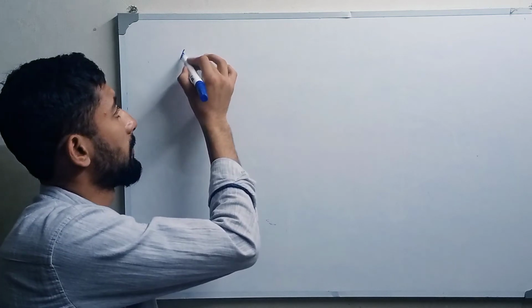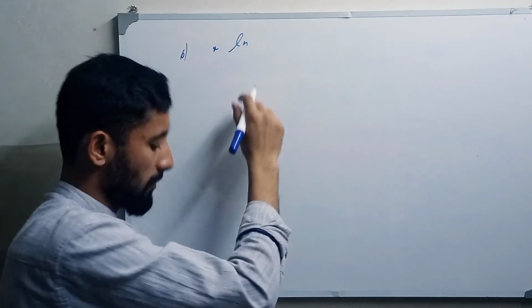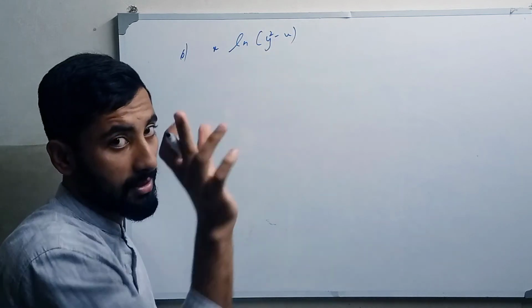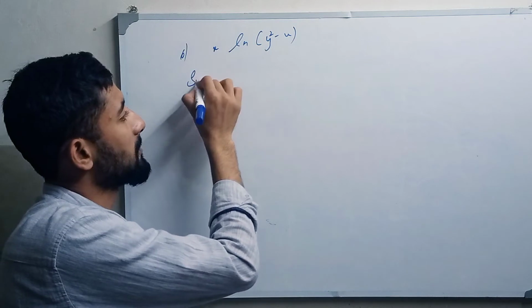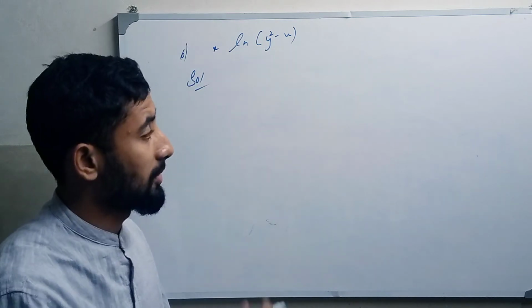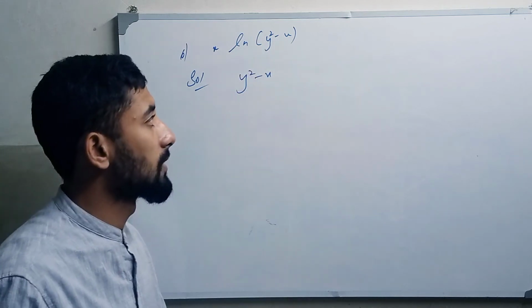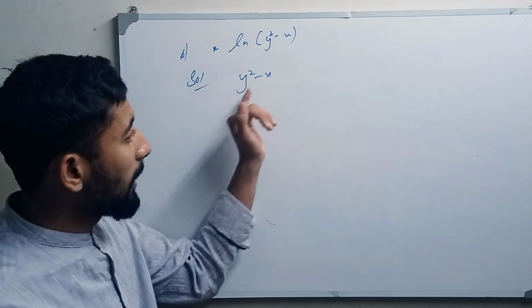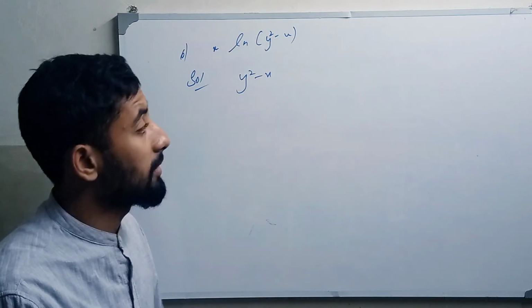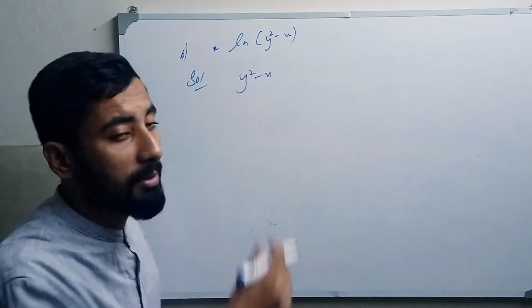Look at another example, example number 6: x log of y square minus x. Try this by yourself. Solution: what must the condition be? First of all, write that. y square minus x must be greater than 0, because if y square minus x equals 0, then the function will be undefined.